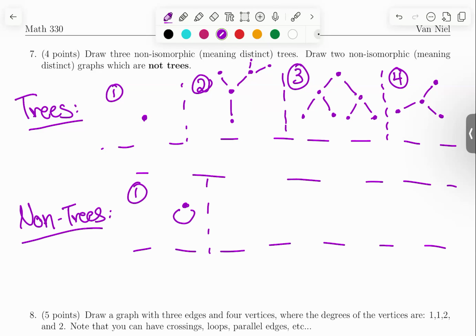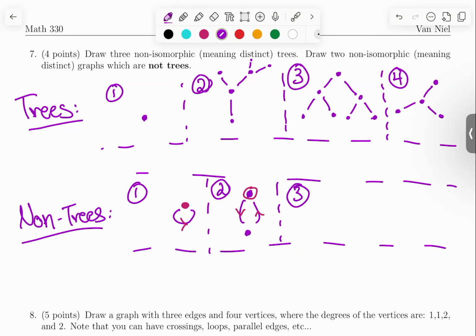Right, that's not a tree because you can start here and then go around it and end back at the spot that you started, so it has a cycle. You can't have something like this, right? You could start here, go down, go back up. That's a cycle. And trees don't have cycles.